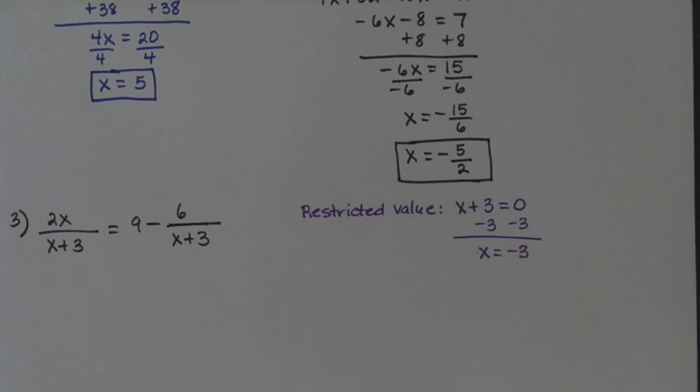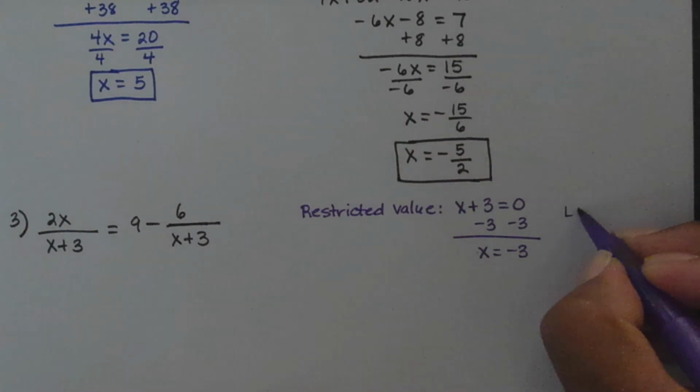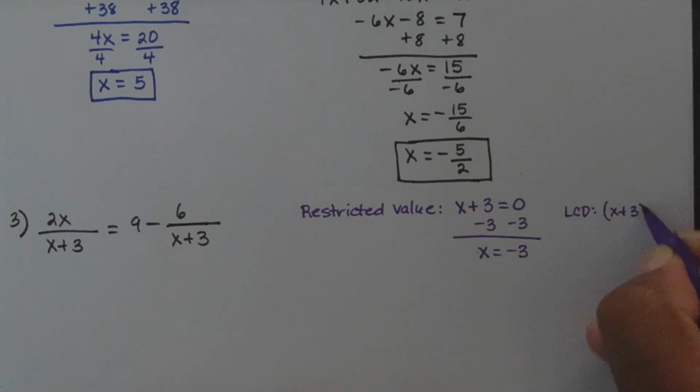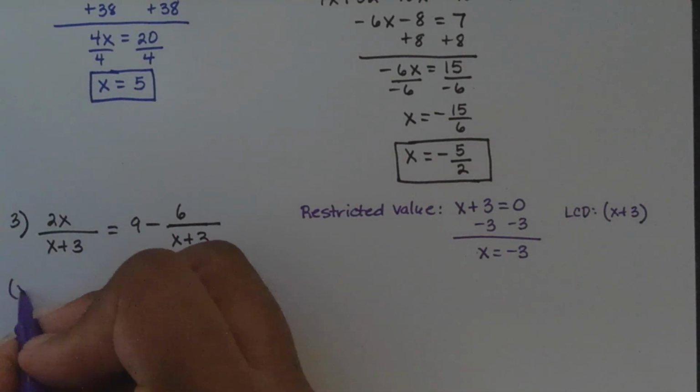Now, keeping in mind that x equal to -3 is my restricted value, we're going to solve this equation. Well, we only have x plus 3 in the denominator, so that will have to be the LCD. X plus 3. And in this case, we're going to multiply every single term in this equation by x plus 3.